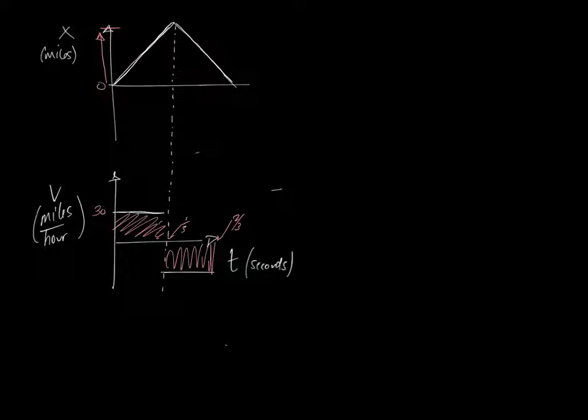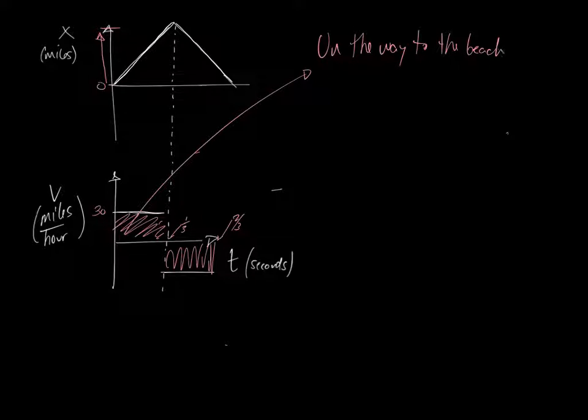So let's talk about the trip to the beach first, okay? So on the way to the beach, I'll write that here, on the way to the beach, right? I'm going to call this delta x1, which is a displacement, right?